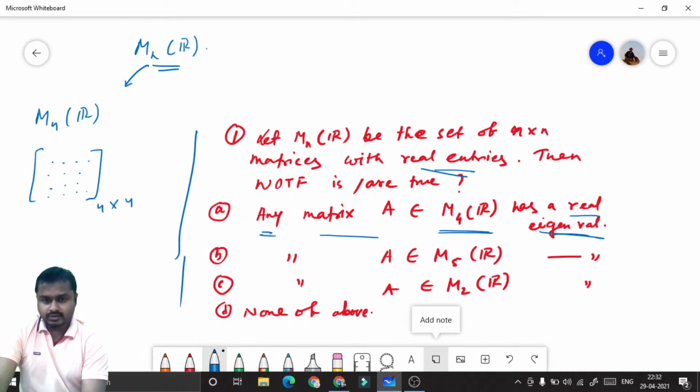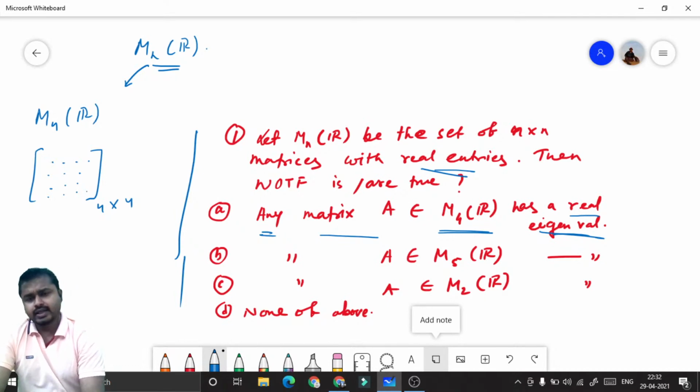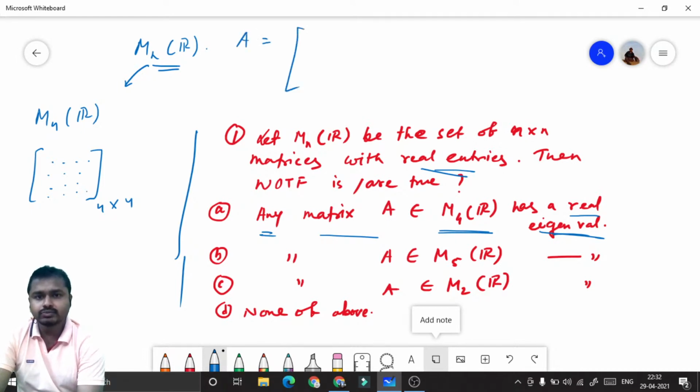How to deal with this? Here we will deal with a counter example. Suppose you consider a block matrix like this: 0 1 minus 1 0 in the top block, with zeros elsewhere and another 0 1 minus 1 0 block.